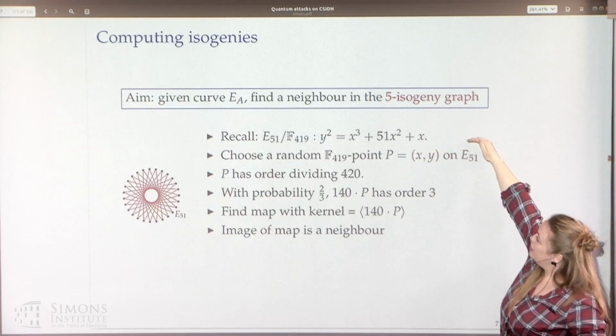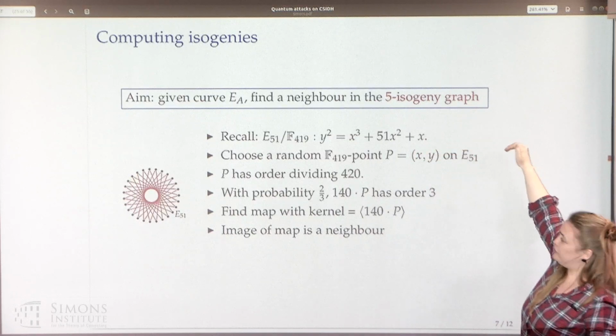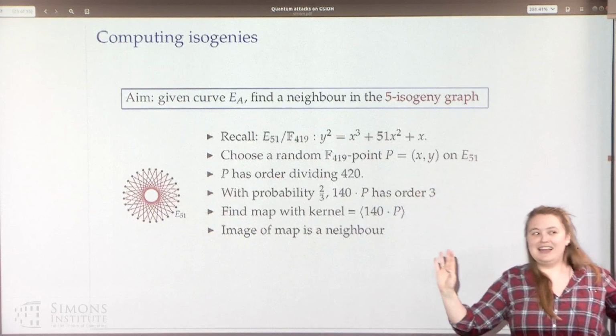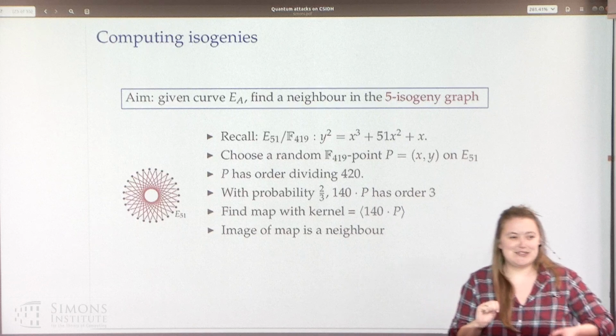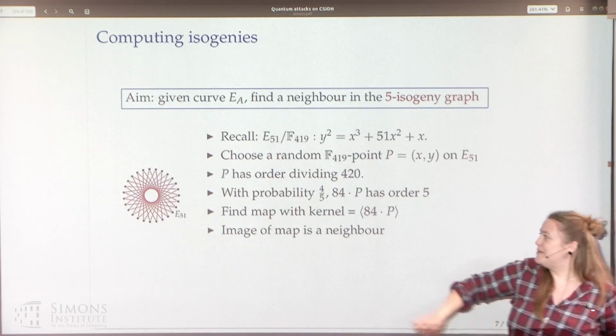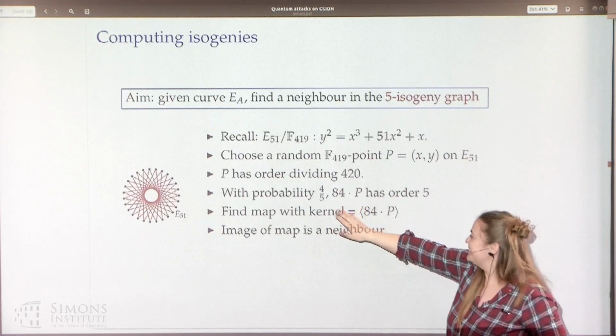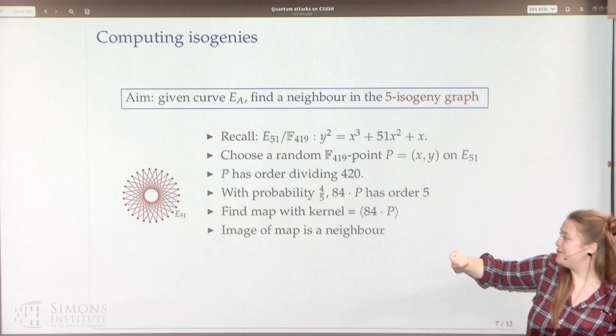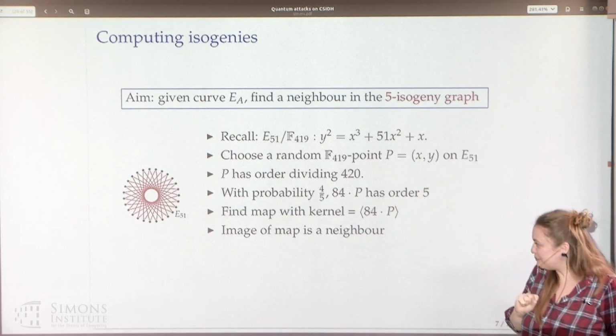We just say, this is the curve. We choose a random point. It has order dividing 420. Luckily, 420 is also divisible by 5. What a coincidence. So with probability almost exactly 4/5, 84 times P, where 84 is 420 divided by 5, has order 5.